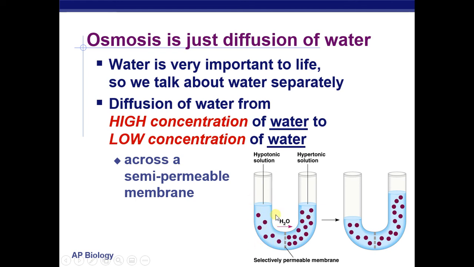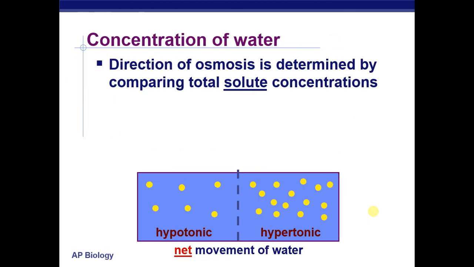So higher concentration of water over here, lower concentration of water over here. And so water will move via osmosis from the left side of this tube to the right side of this tube, creating this unequal water level. And we can actually do an experiment exactly like that that will have that same result.